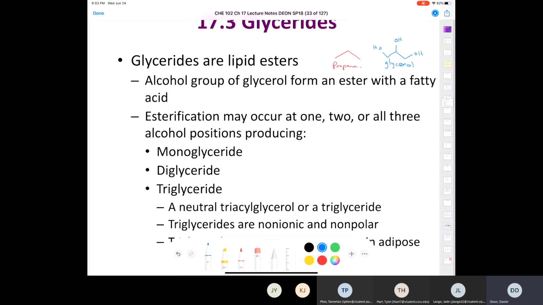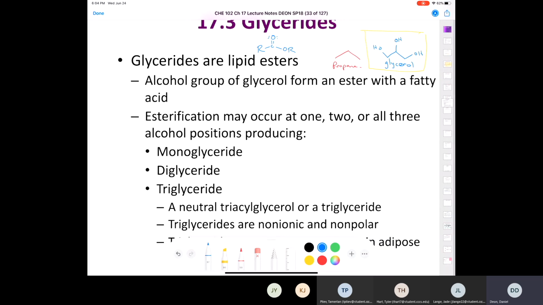So glycerides must have something to do with glycerol, and they do. It says here that glycerides are lipid esters, so they're lipids, and they're also esters. I mentioned that really early on in the lecture in this chapter. I said we're going to see esters in waxes, and we'll also see them in glycerides like triglycerides.